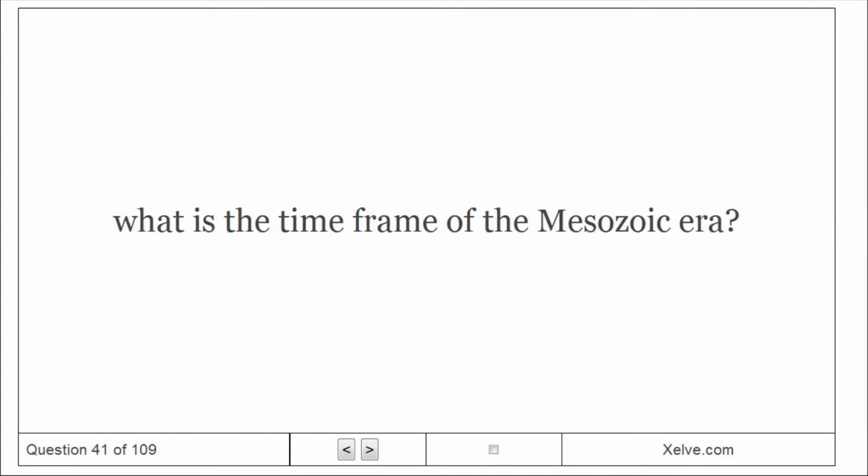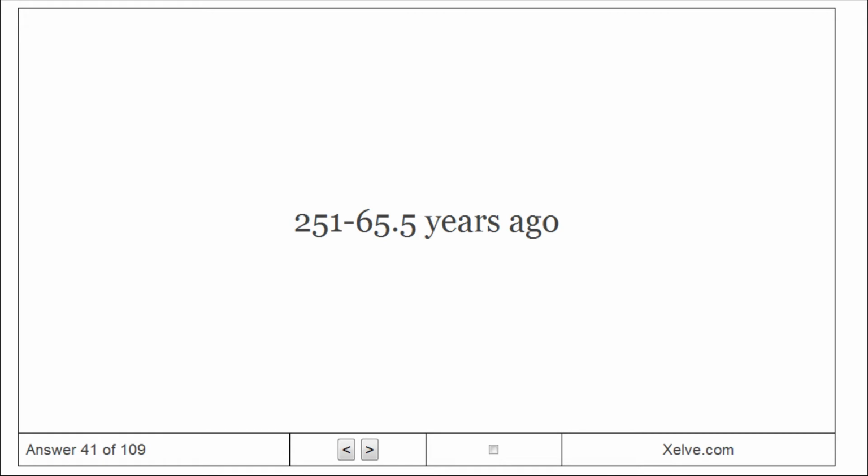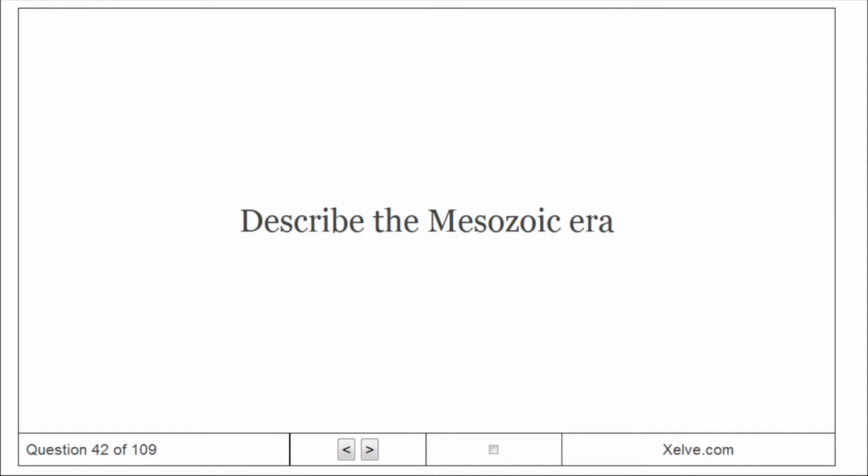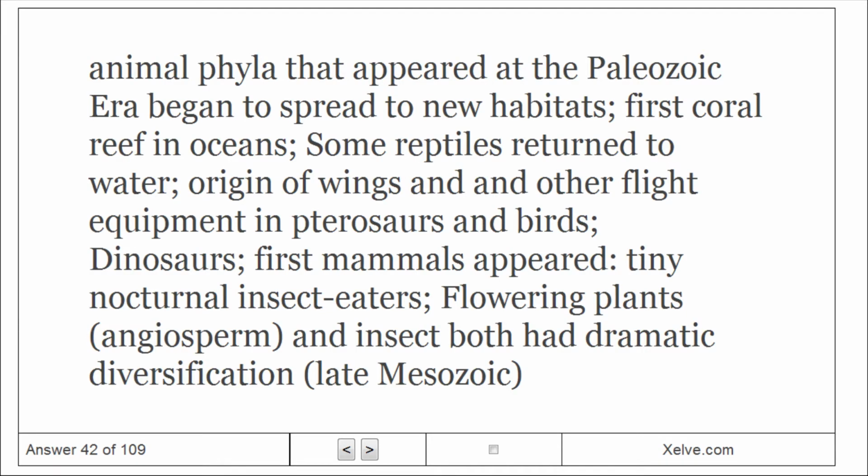What is the time frame of the Mesozoic era? 251 to 65.5 million years ago. Describe the Mesozoic era. Animal phyla that appeared in the Paleozoic era began to spread to new habitats, first coral reefs in oceans.